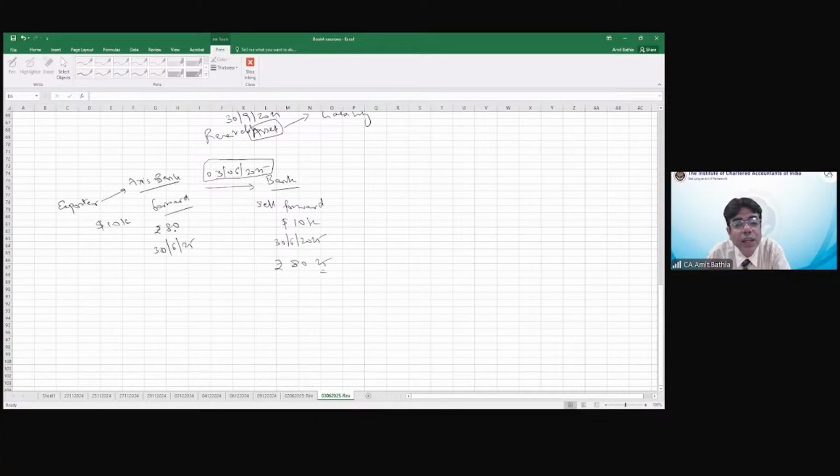They are not paying today. They have only agreed that on 30th June, they will purchase this 10K dollars from them at 80. And today itself, they have entered into another transaction with another bank that they will sell this 10K in future at 30th June 2025 at 80.25. So by default, they have already entered into a transaction which will give them a profit of 0.25 per dollar.